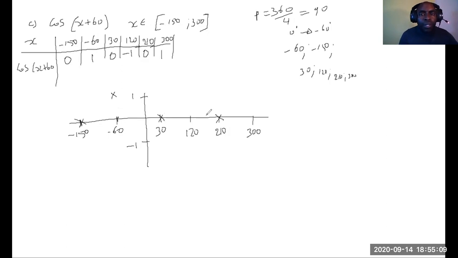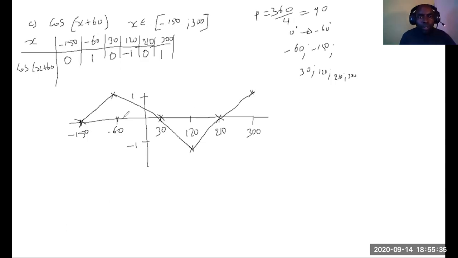And also at 300, we've got a maximum. Our minimum is at 120, negative 1. Yes. So now we go up, come back down, and go up again.